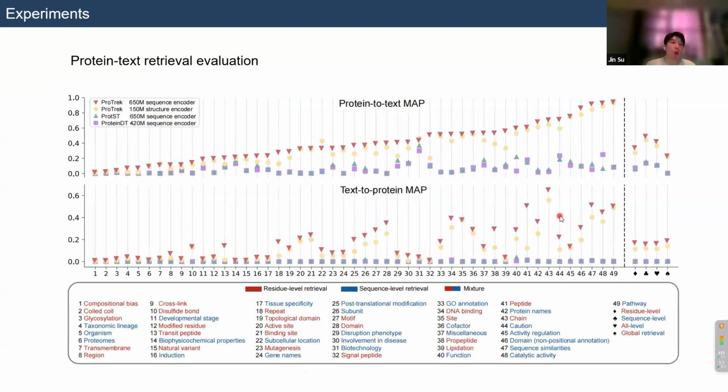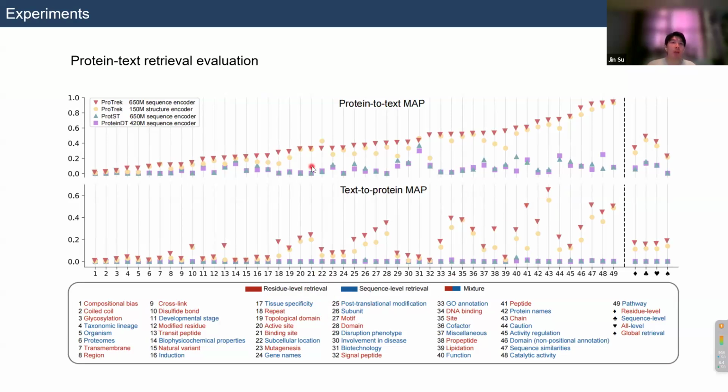So we did a lot of experiments to test ProTrek's retrieval performance. The first is protein text retrieval. For each subsection in UniProt, we test its retrieval performance, for both residue level retrieval and sequence level retrieval and their mixture.